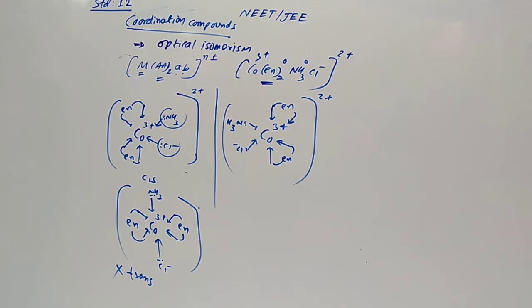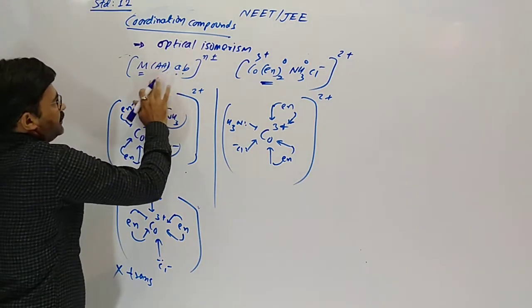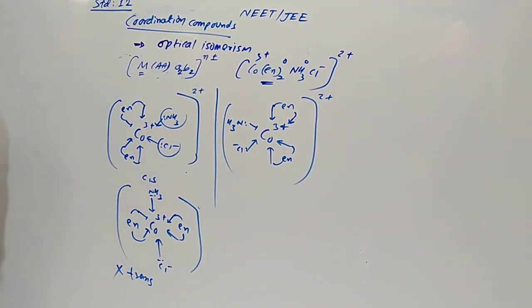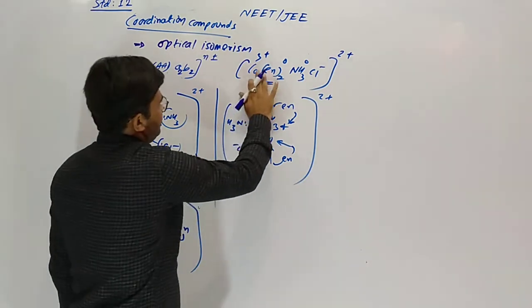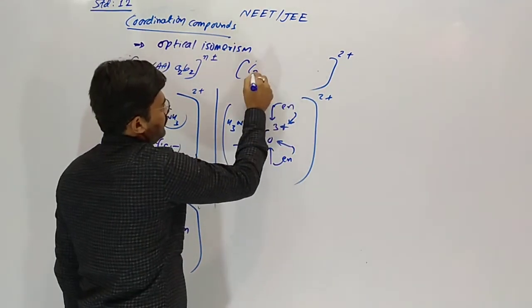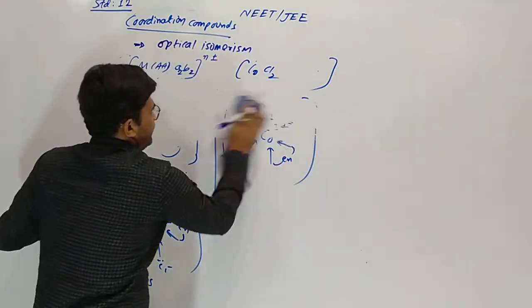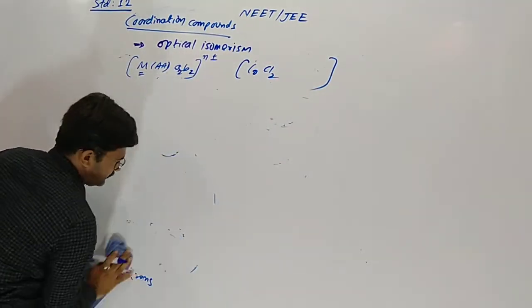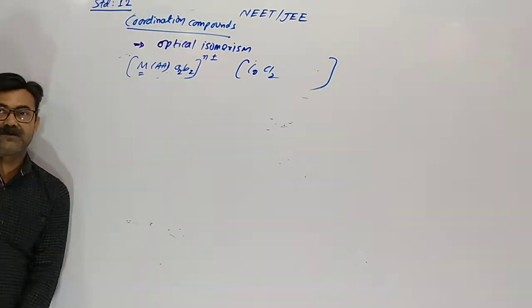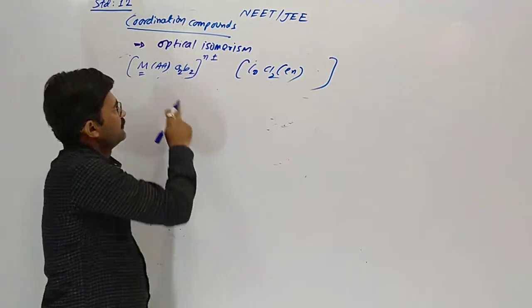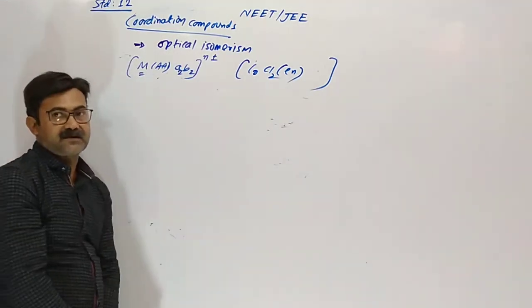Now, what about M(AA)2B2? MAA B2. An example for it, CrCl2, A type of 2, B type of 2 and 1 En, so En and NH3 twice.